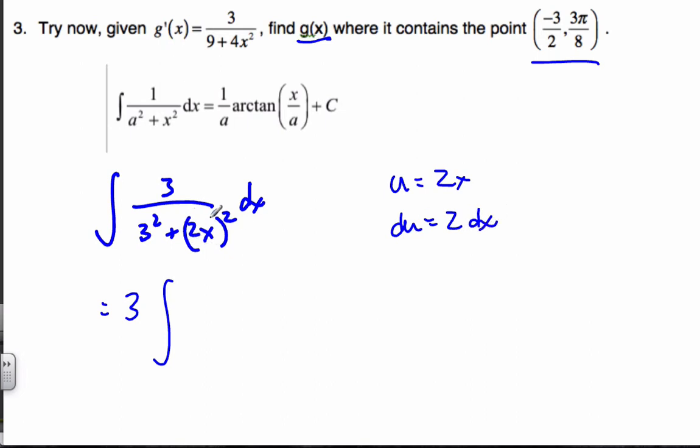This is going to be my u value, so I can cleanly integrate. There is no 2 over here, so 1/2 du is equal to dx. So the 1/2 I'm going to put out front here, and I have 1 over 3 squared plus u squared du.